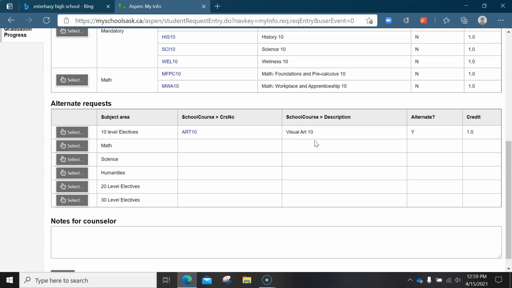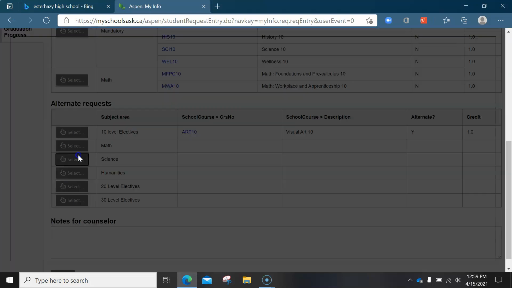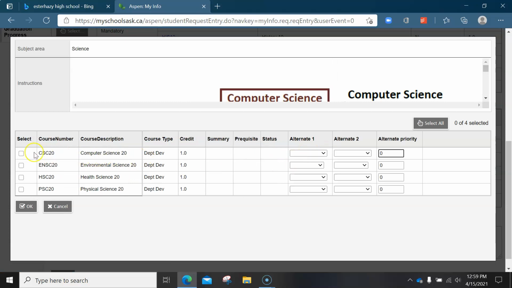So what this means for you is that only a very few select classes would be mixed. The only class probably in the sciences category would be Computer Science 20. So if you have a real strong desire to take that class, or if you know that you want to take it eventually, you can pick that class.